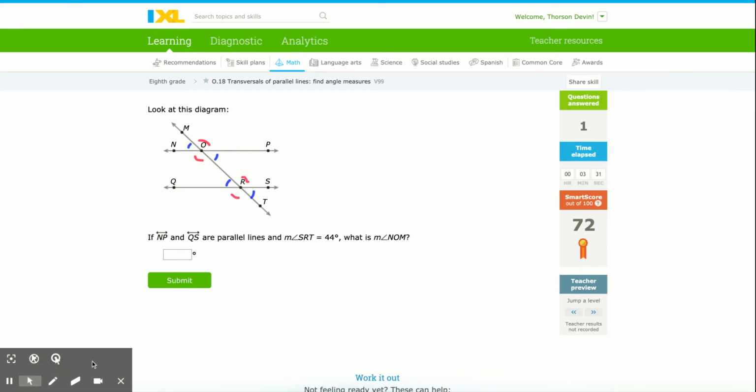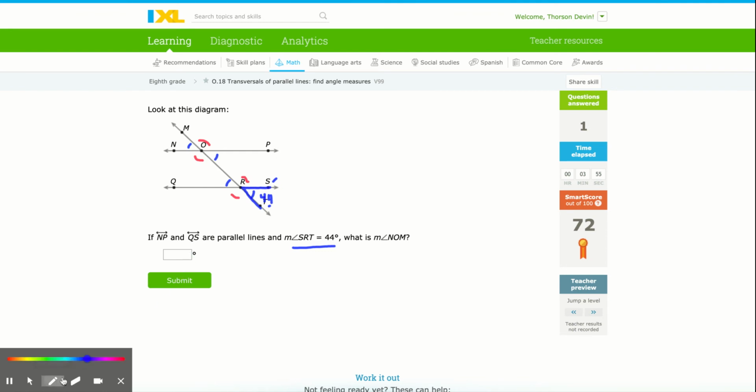Then we look to see what angle it gives us. It gives us a small angle of 44 degrees, SRT. So here's S, here's R, and here's T. So they give us this angle right here.